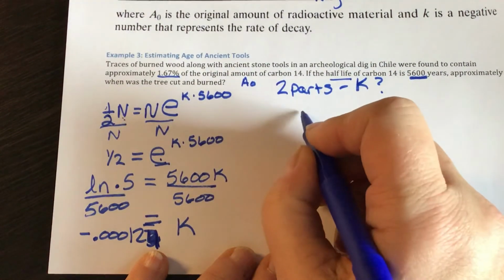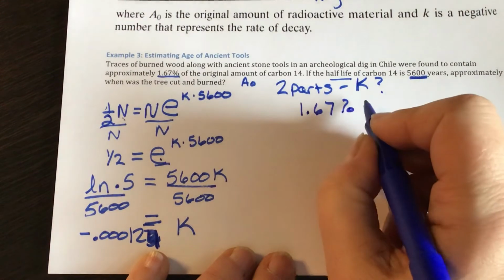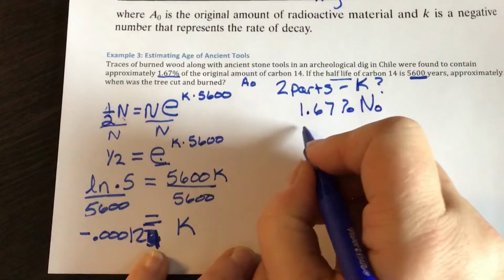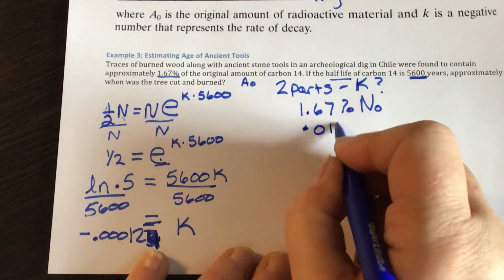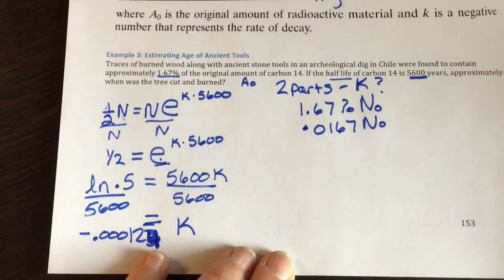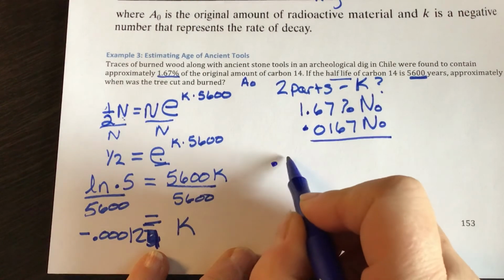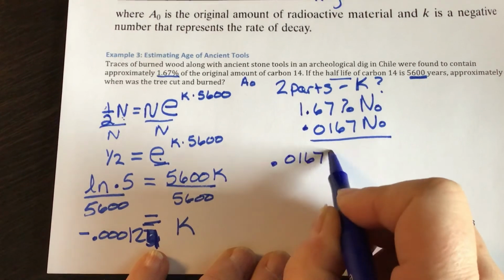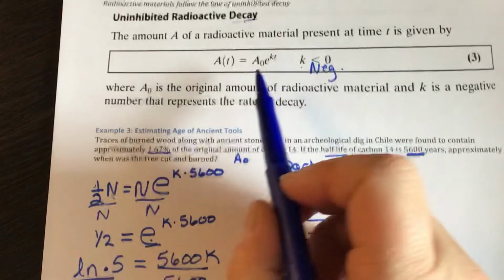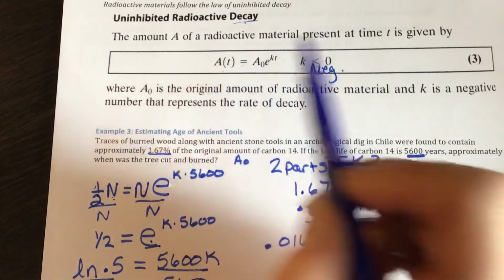I have 1.67% of my original amount, or 0.0167 of my original amount. Okay, so if I want to find out how long it takes to get 0.0167 of my original amount, I'm going to start with my original amount, A0, N0, it's the same thing.